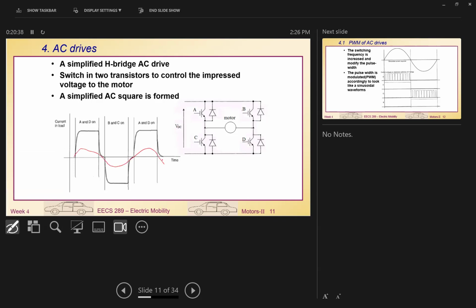So we can control the transistors to control this sine wave's amplitude and frequency, so that we are able to control the motor voltage and motor rotational speed.